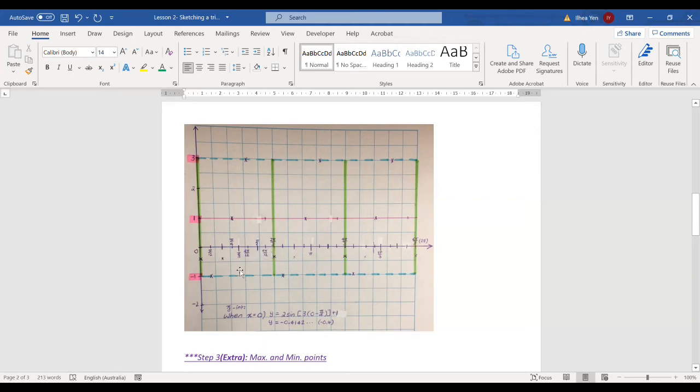I'm just going to halve that, which is pi over 3. But the scale goes up by pi over 12. You don't need to write all these, but I just did it so that it's easier for you to see and understand. For the exam, you don't really need to.